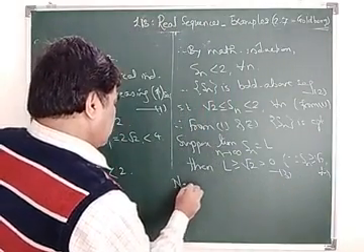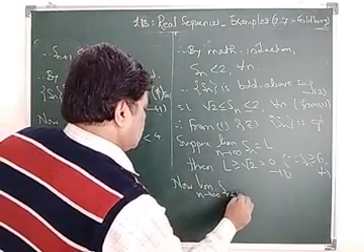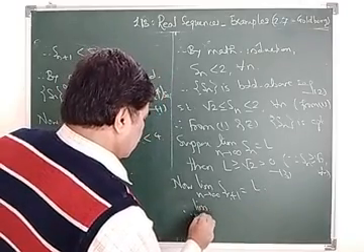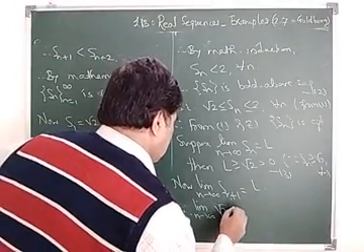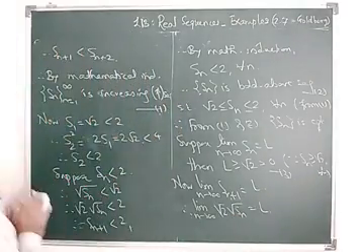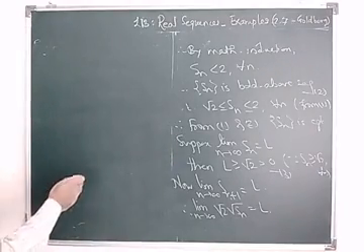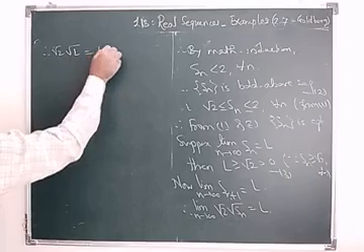Now limit Sn plus 1 is equal to L. But Sn plus 1 is nothing but root 2 into root of Sn, which is equal to L. Taking limit as n tends to infinity, we get root 2 into root L is equal to L.